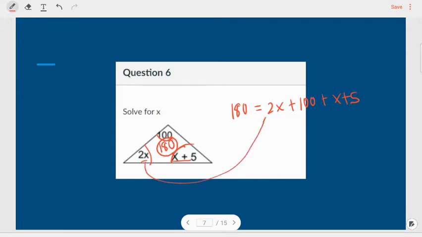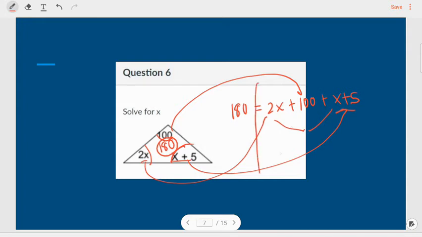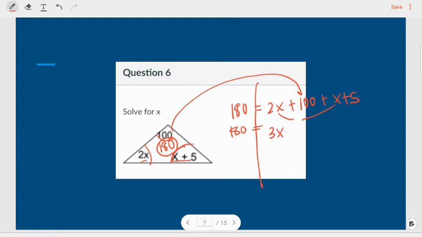Notice there's 2x, there's 100, and there's x plus 5 equals my 180. So let's simplify. Draw down my equal sign line, and clean it up: 180 equals, combining the x's, 3x, and then 105.